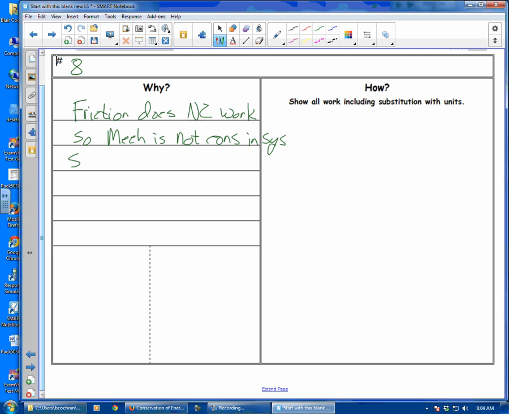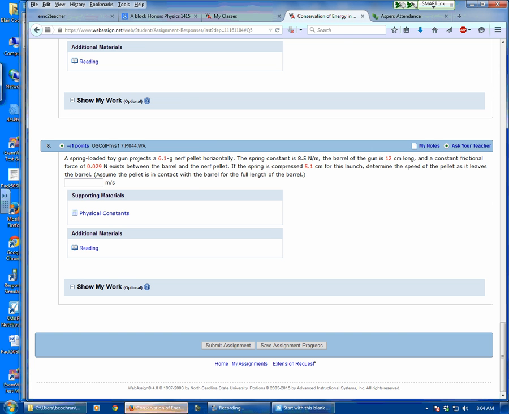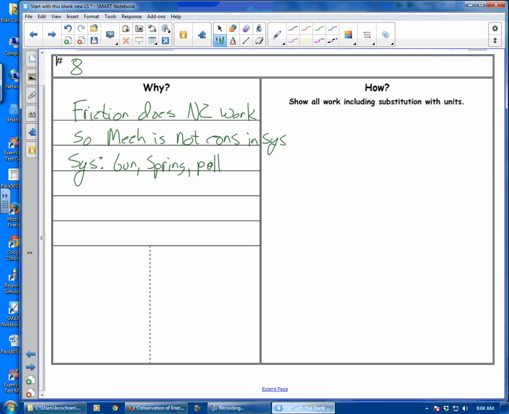I better make sure I'm clear what my system is. Let's see, the system would be the gun, spring, pellet. The energy is conserved in the system.